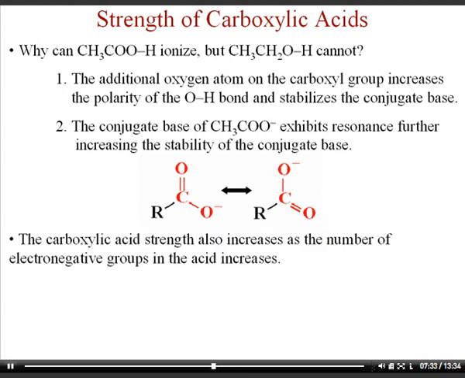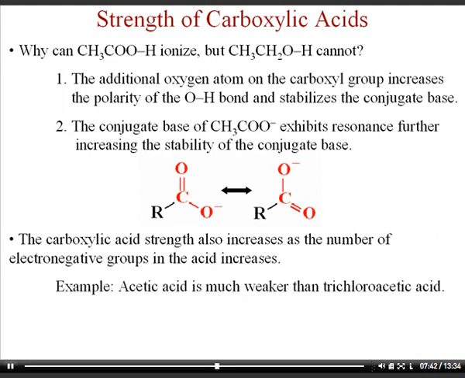So carboxylic acid strength also increases as you increase the number of negative groups stuck to the carbon. So this R functional group, as you get more electronegative substances on it, it would be more acidic. So if you look at this example, we have CH3COOH versus CCl3COOH. They both have the carboxylic acid group, but we're replacing the 3 hydrogens with 3 chlorines.